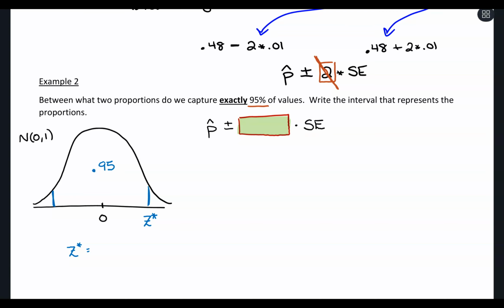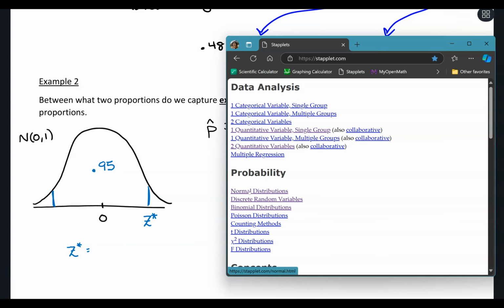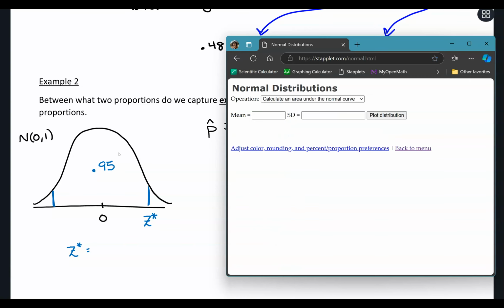And now this is where we go to Statlet. So we go to Statlet, probability, normal distributions. This is the case where we know the area under the curve, so we want to calculate a value corresponding to an area. We have a mean of 0, standard deviation of 1. And what we're looking for is a central area.